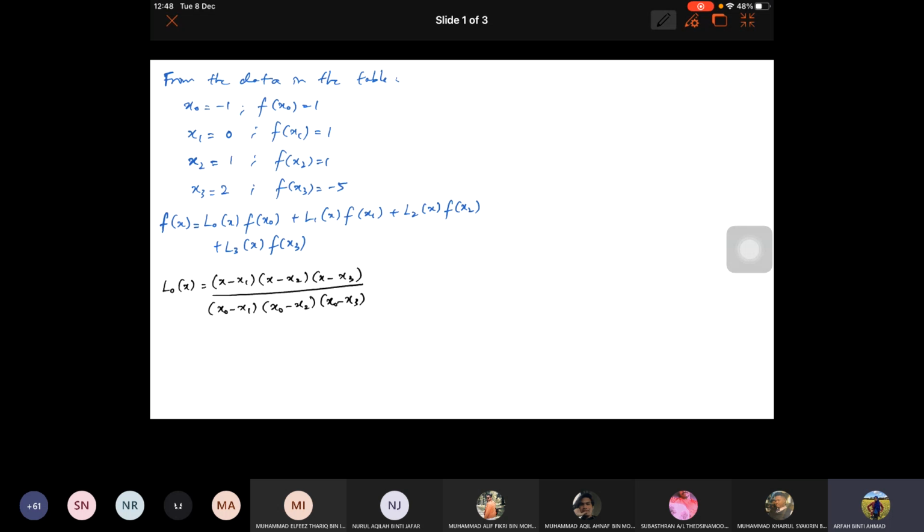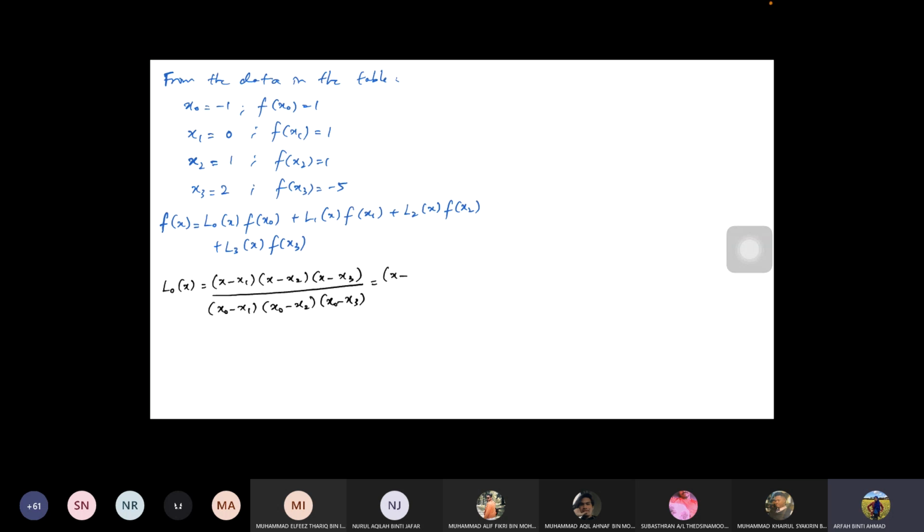Okay, so you will get this one akan sama dengan x tolak x1 berapa? Kosong. Okay, x tolak 1, x tolak 2 dibahagi dengan x0 is negatif 1 tolak 0, negatif 1 tolak 1, negatif 1 tolak 2.